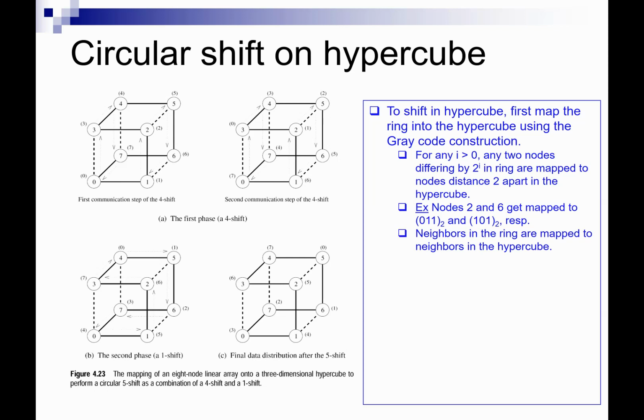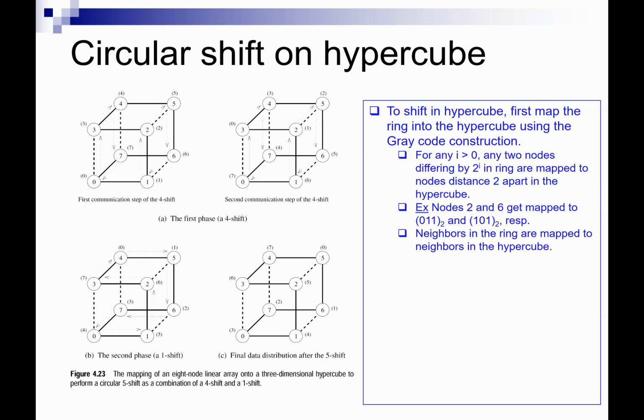The way that you map a ring onto a hypercube is that for the ith node on the ring, you just compute the ith gray code number. If you have, let's say, 2 to the k processes, then we're going to map this onto a k-dimensional hypercube. You're going to take the ith process from the ring and map it onto the ith value in the k-digit gray code.